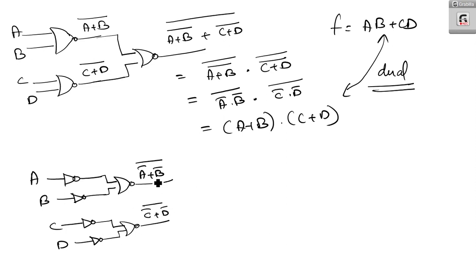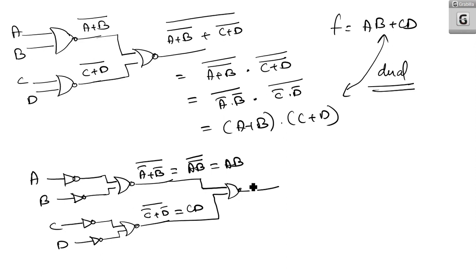What is A bar or B bar the whole bar? A bar or B bar is AB bar. That is AB bar the whole bar. So what do you get? You will get AB. Similarly, this is CD. So if I am taking this into another NOR gate, here what do I get?